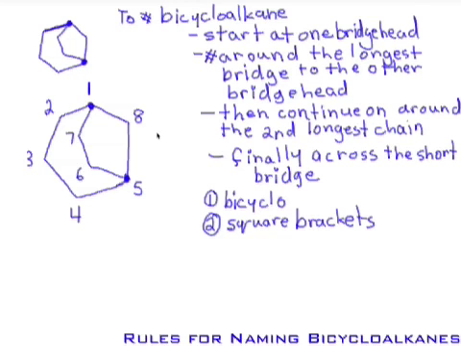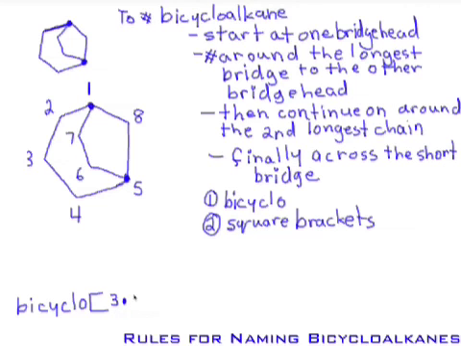So for example, if I was naming this one, I would say bicyclo. And then I'd put square brackets right beside that. The longest bridge has 3 carbons. So I'd say 3, period.